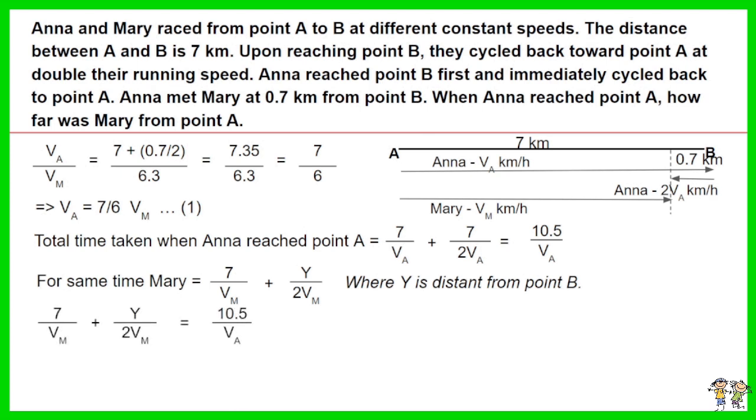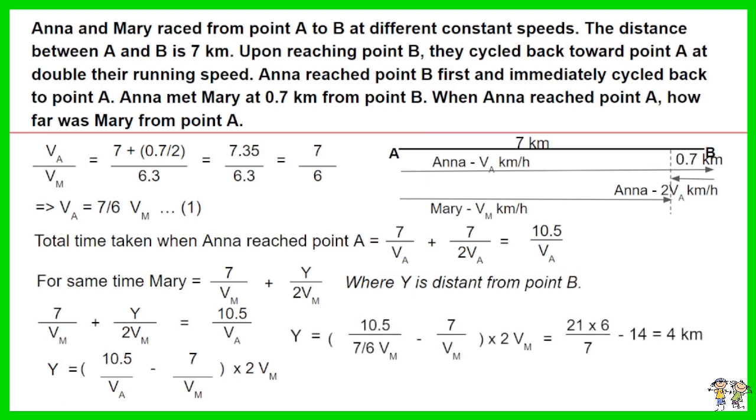Combine the two equations as shown. Thereafter replace the value of VA from equation 1. Solve the equation, you have Y equals 4 kilometers. Thus Mary was 7 minus Y equals 7 minus 4 equals 3 kilometers from point A.